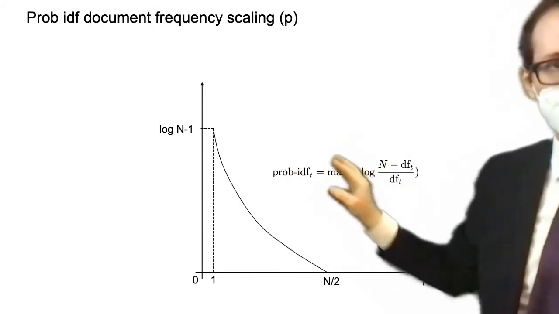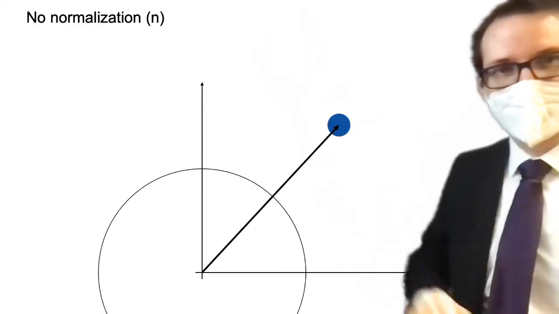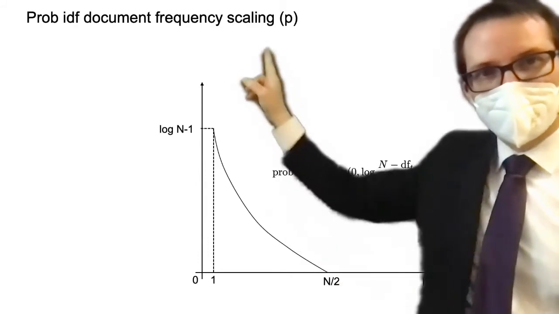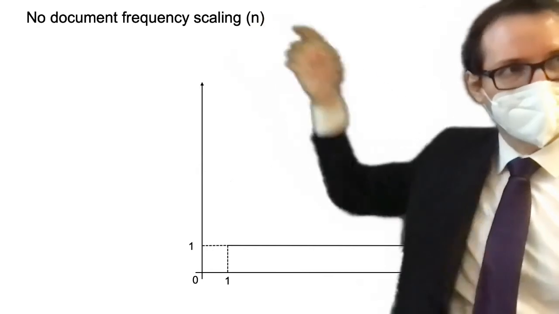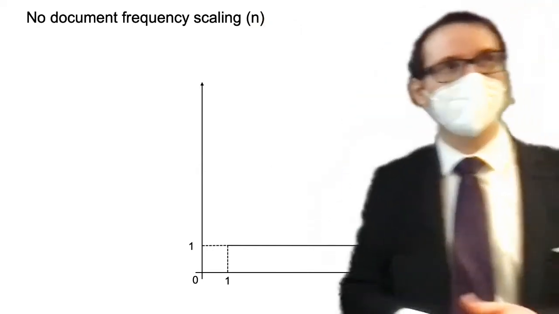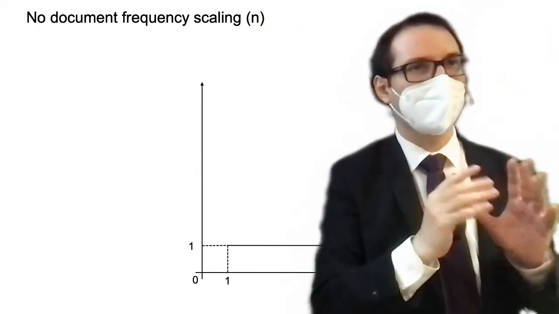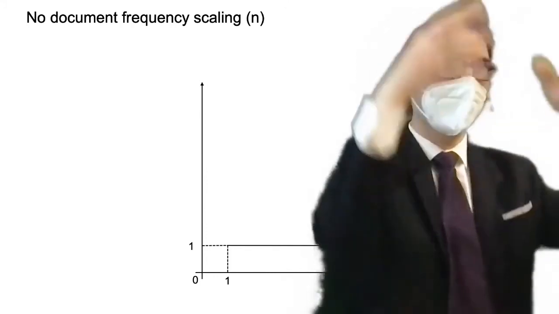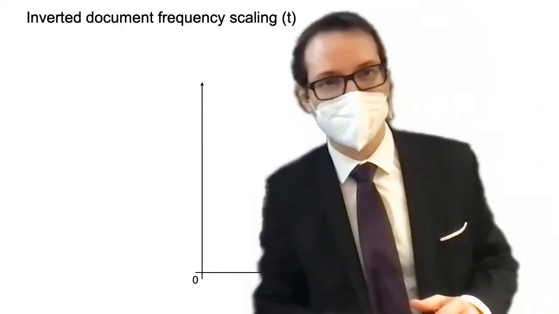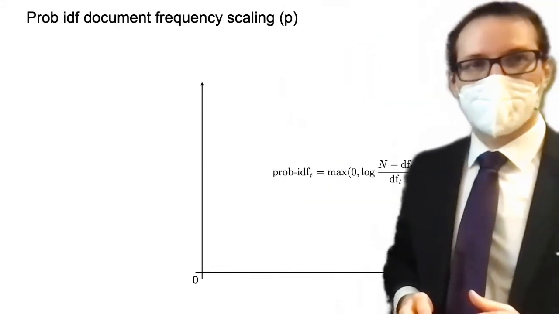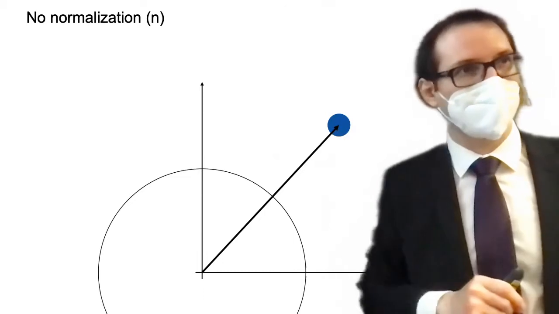I'm going to come back to that. But anyway, this is P. So we have P, T, and N for the inverted document frequency. Until now, we have 15 possibilities, right? 5 for the term frequency, 3 for the document frequency. So that's already 15 combinations, to which I need to add the normalization.